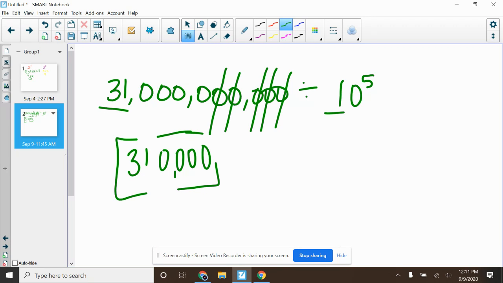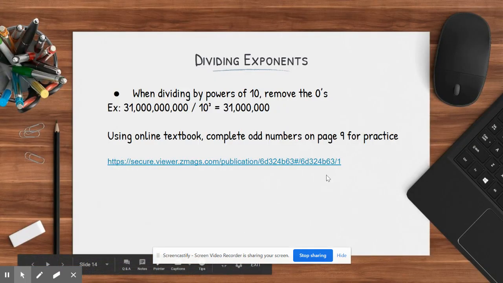Get your Chromebook out. All right. So your Chromebook should have your online math book. I want all of you to get to your online math book.